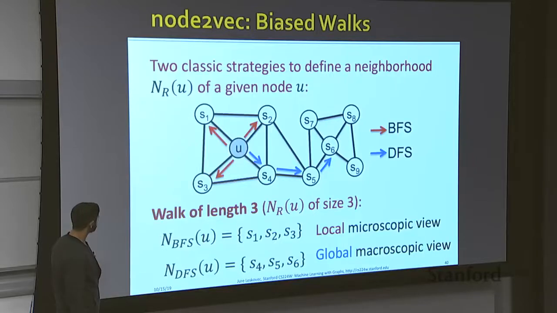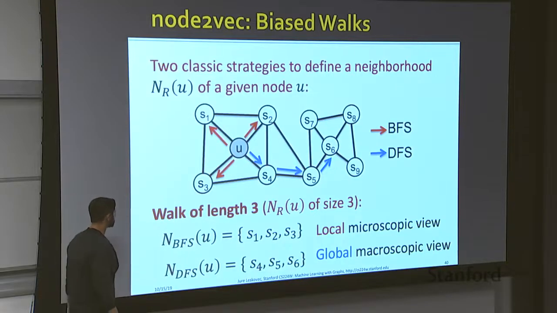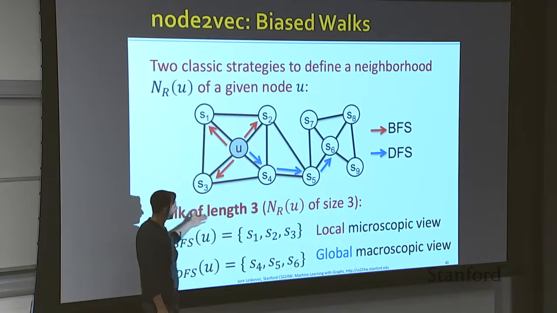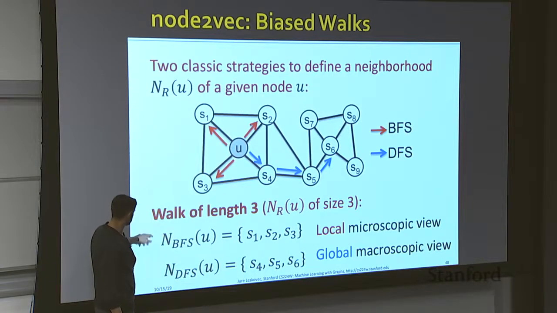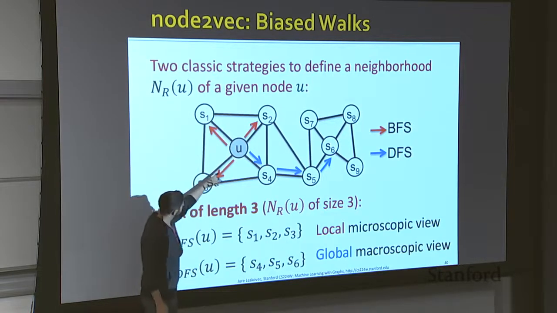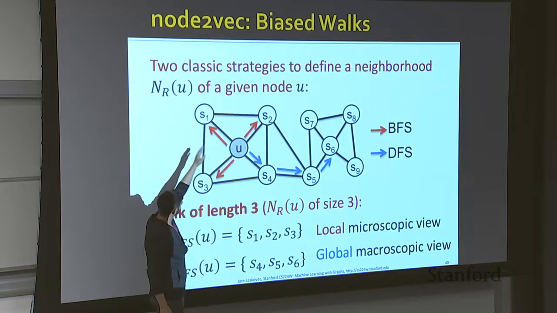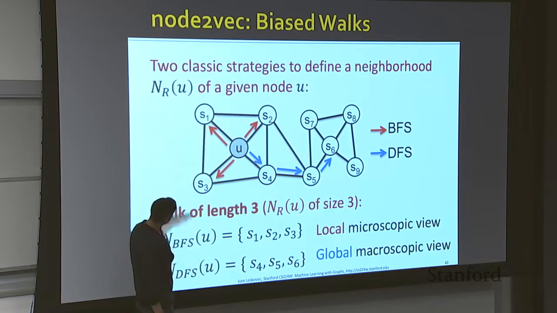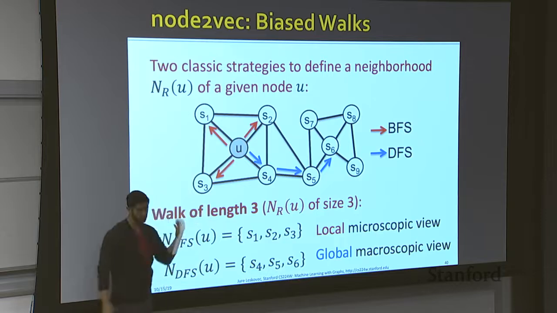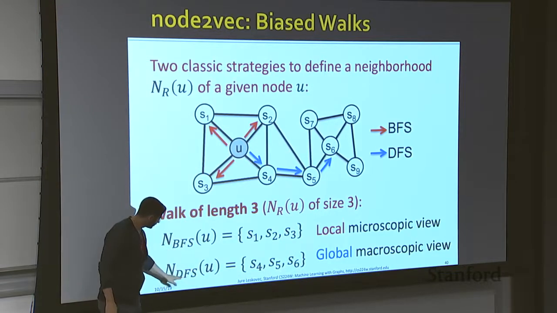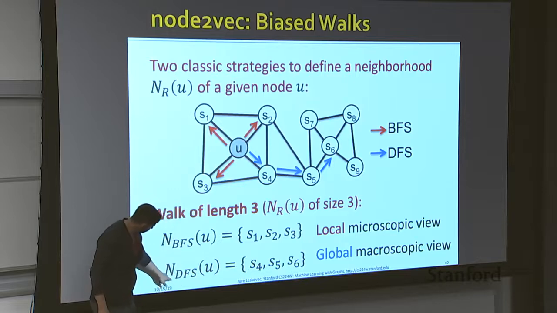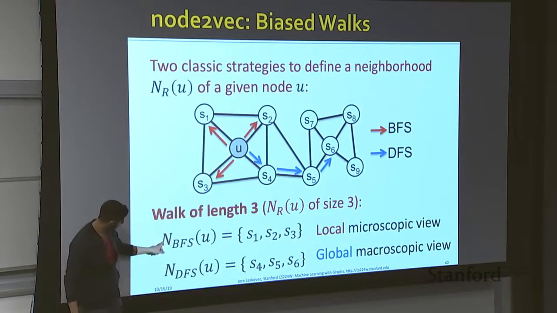As an example, say we decide that our walk will be of length 3. In the case of a BFS, starting from U, we will be exploring only nodes S1, S2, S3, and this is basically a microscopic view of U. We're just taking all the nodes around U. Instead, if we perform a DFS, now we replace our strategy R. Remember when we were calling this neighborhood of R?